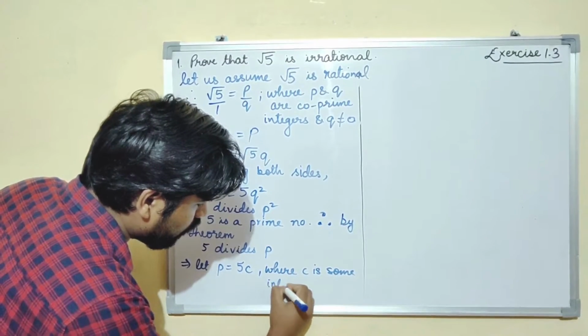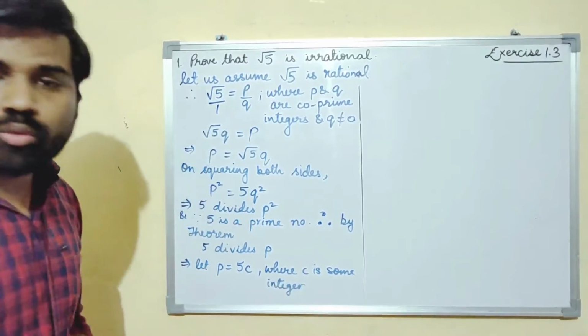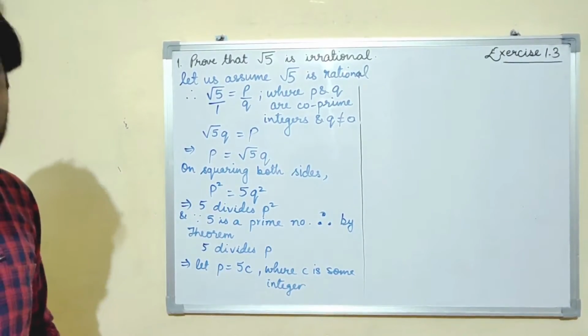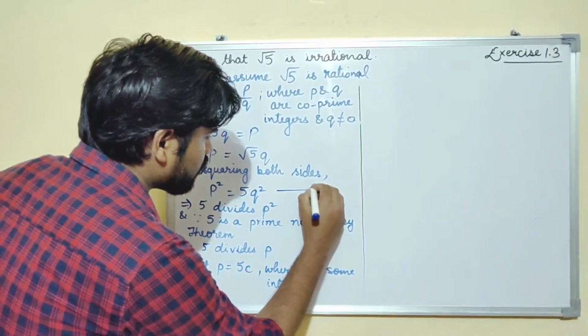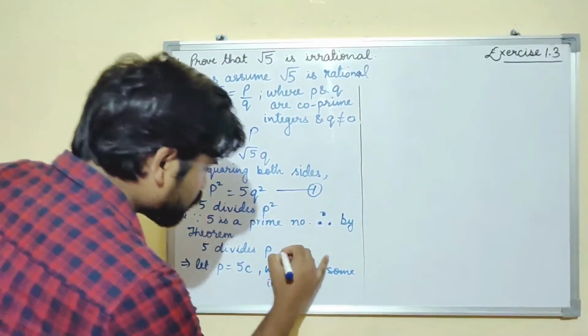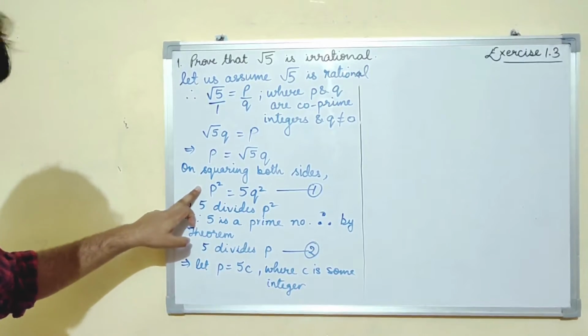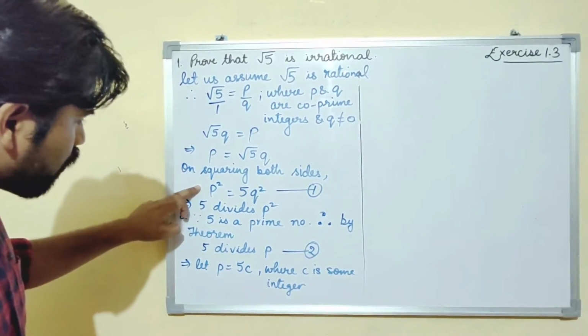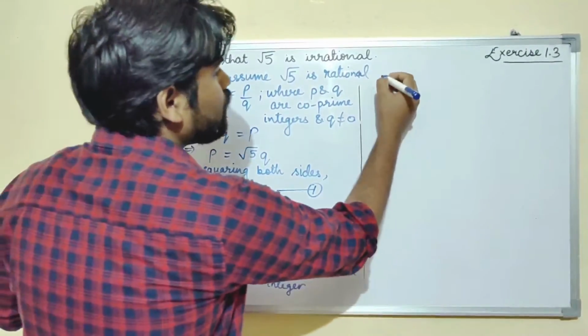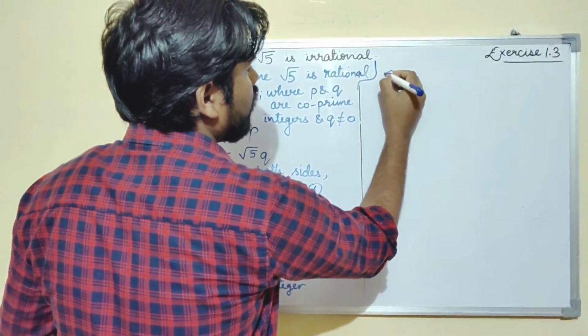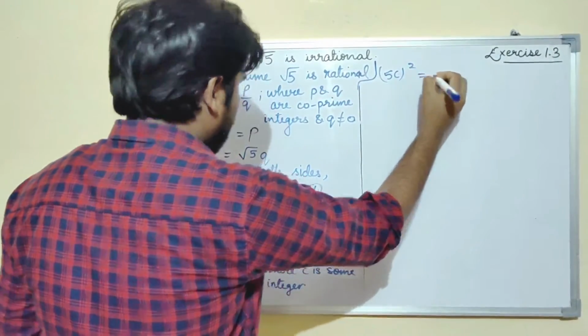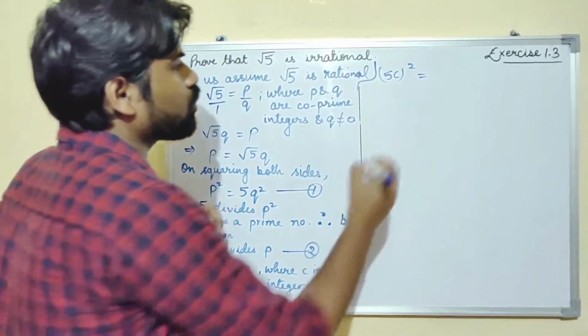Now what we have to do? We have to substitute the value of p in this statement. This is your first equation and we'll use this as the second equation. So when we put the value, we'll get (5c) squared equals 5 q squared.